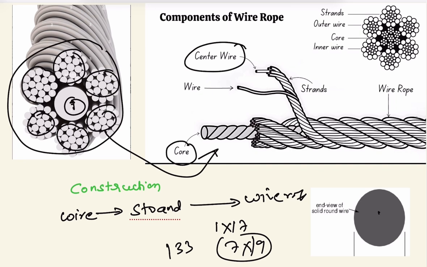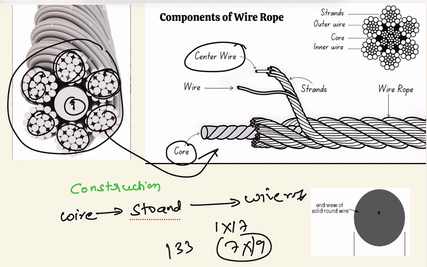So these 133 wires are together, with a number of wires in each strand and a number of strands. All these wires together take up the load. The aggregate effect of multiple strands sharing the load increases the tensile strength. In this manner, high tensile strength is achieved.